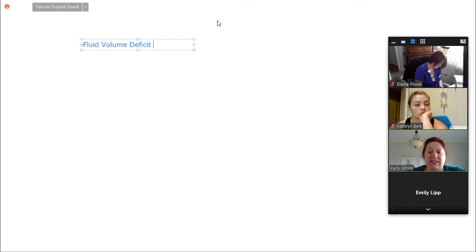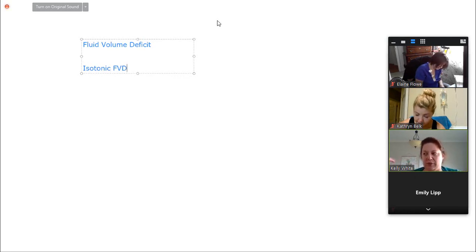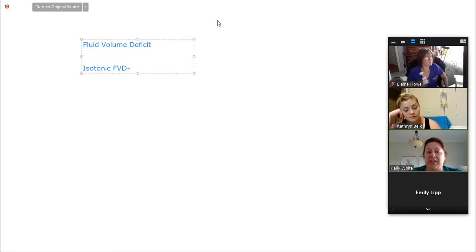So we're going to have to give them IV fluids. Okay. So if we have our isotonic dehydration, remember that's just our circulating volume, fluid volume. It has been depleted. So nothing has changed with our actual cells because we're losing everything equally. So for these patients that have that equal fluid loss, we are going to treat them with isotonic fluids.